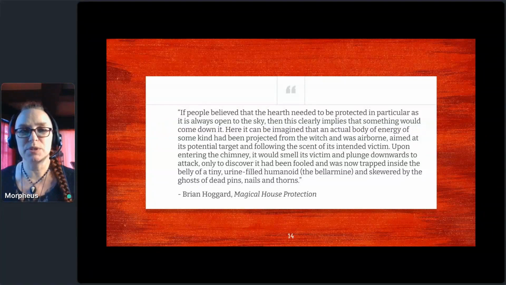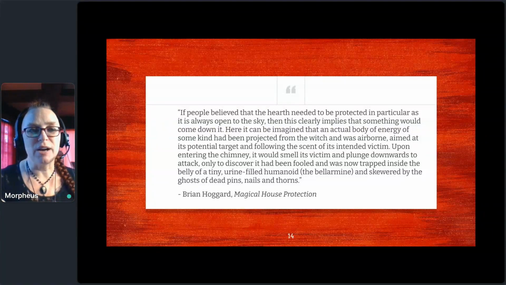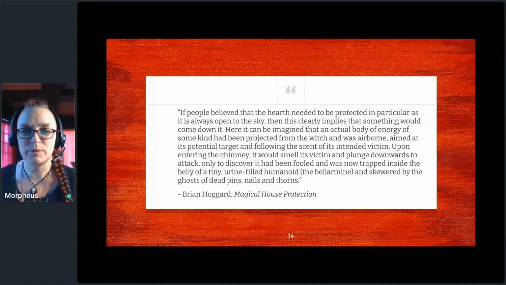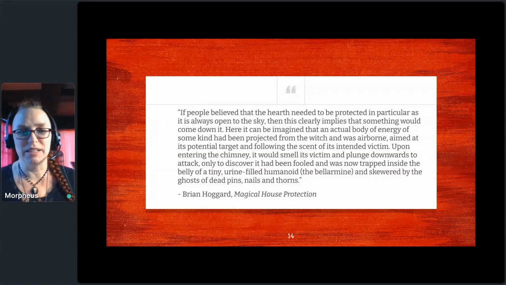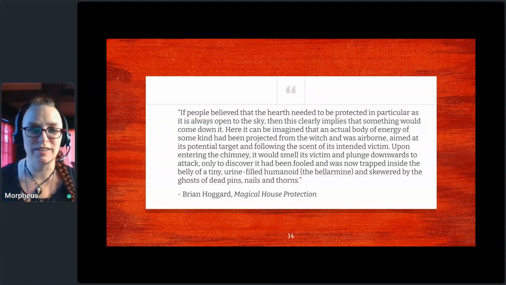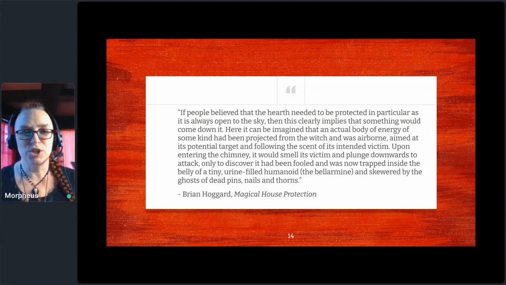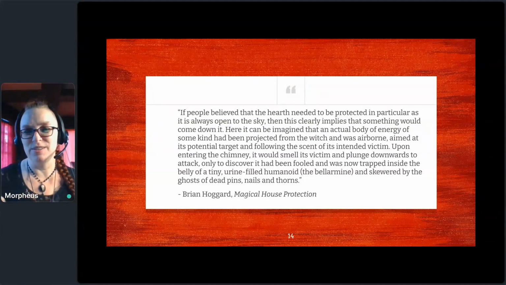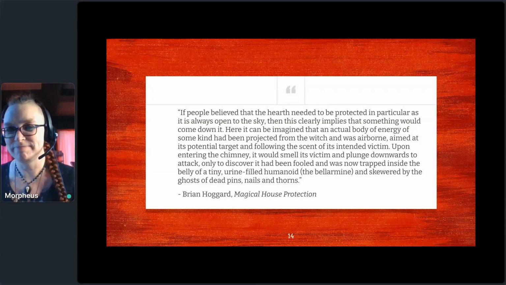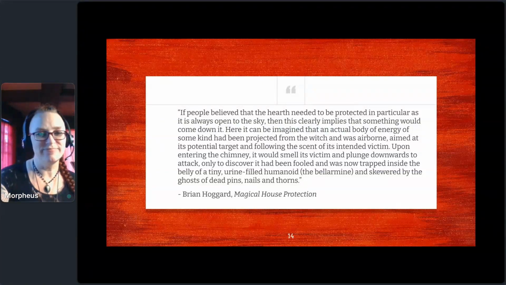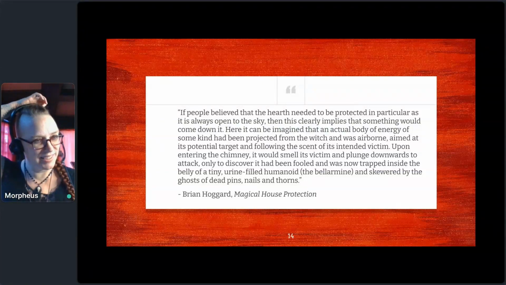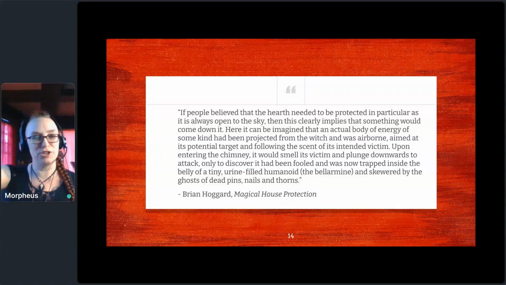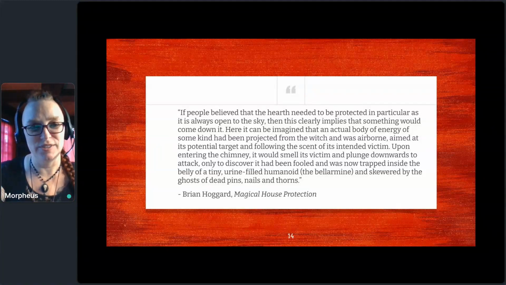Upon entering the chimney, it would smell its victim and plunge downwards to attack, only to discover it had been fooled and was now trapped inside the belly of a tiny urine-filled humanoid, the Bellarmine, and was skewered by the ghosts of dead pins, nails, and thorns." I just thought that was a vivid illustration of what this process looked like.